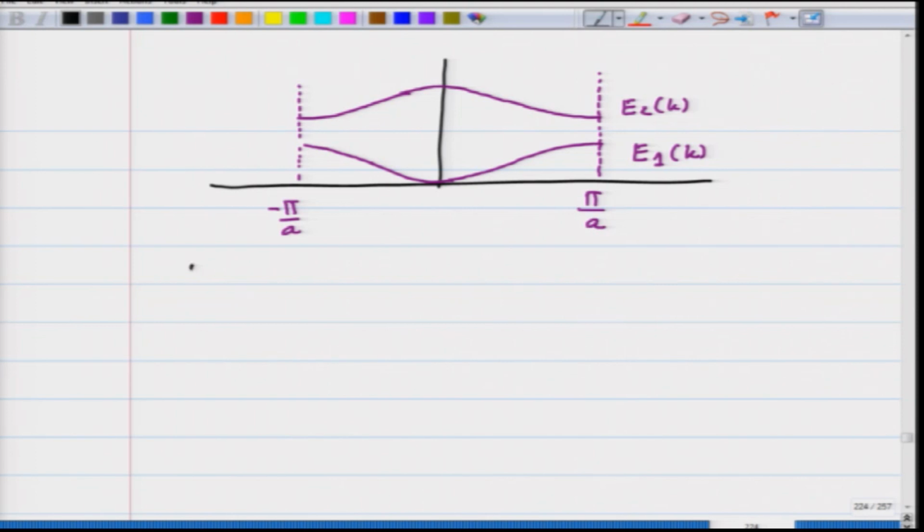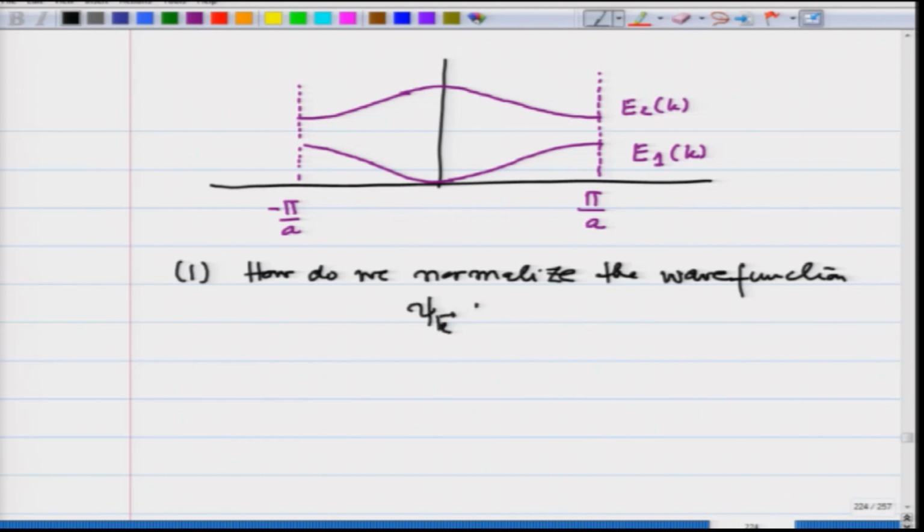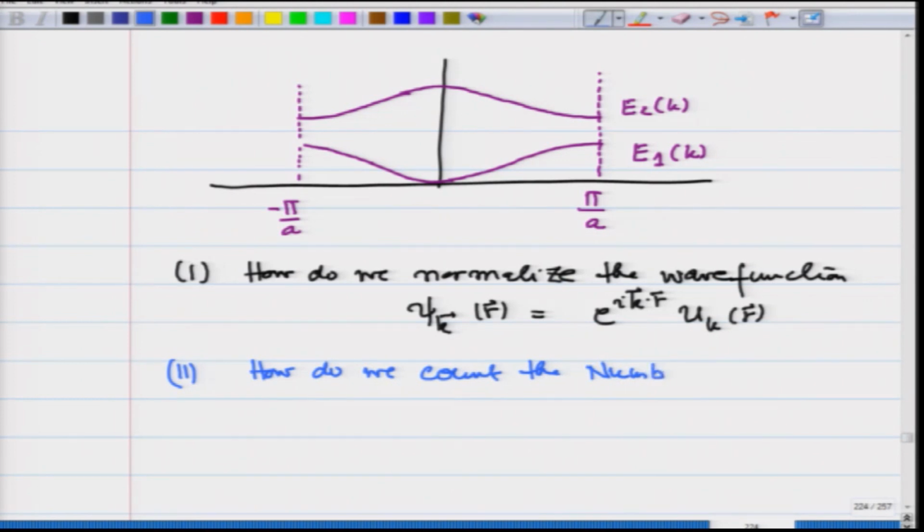So, questions I am raising is how do we normalize the wave function, which is the Bloch wave function psi k r equals e raised to I k dot r u k r, and how do we count the number of states, and that is important to again find the density of states etcetera, which we found that these are quantities which are useful to then calculate the properties of the system.